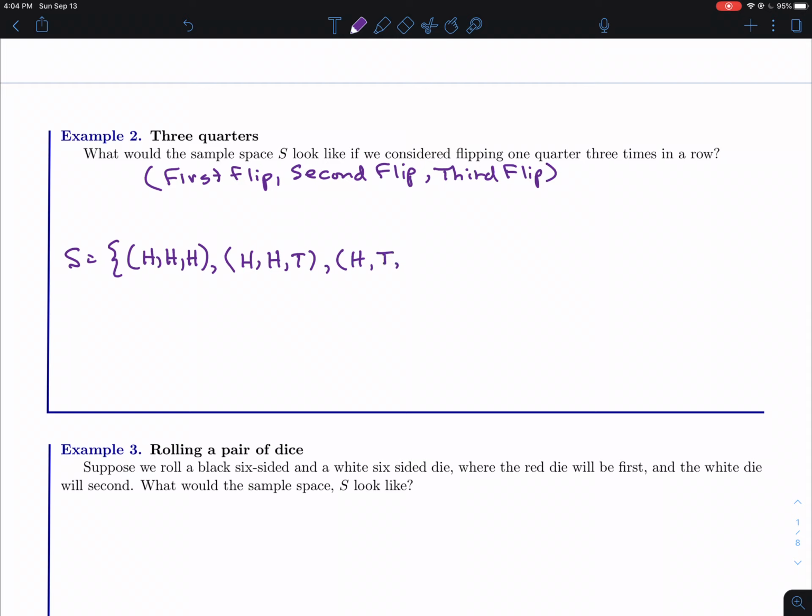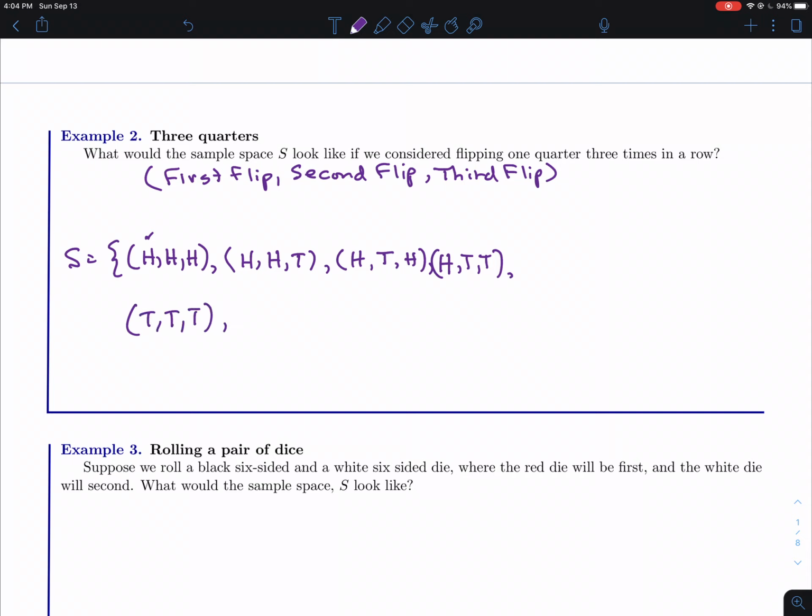So now I can get either a head next, or I could get another tail. So in that case, that's taken me through all four possibilities of what I can get, starting with heads first. So now let's do the same thing. Let's start with all tails, say.